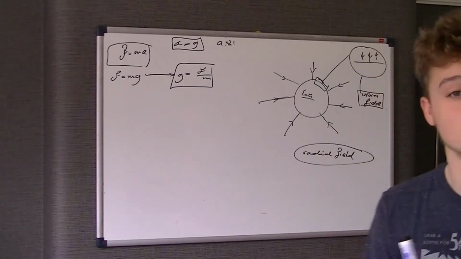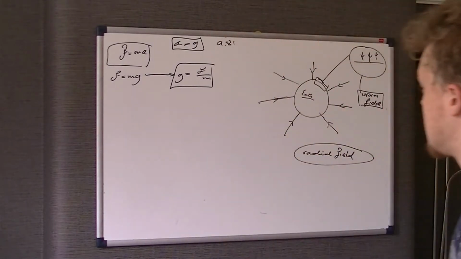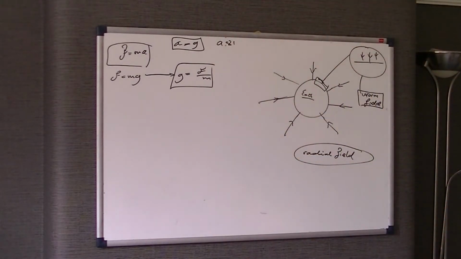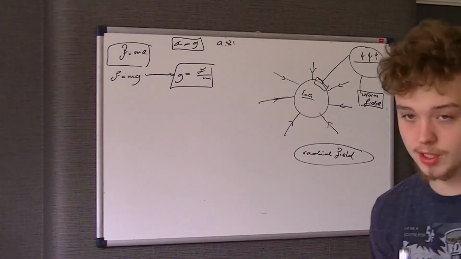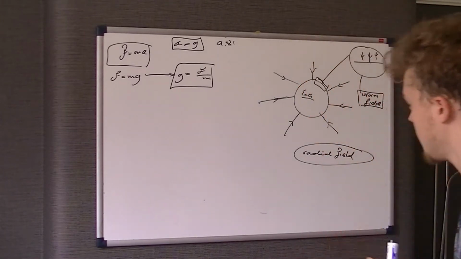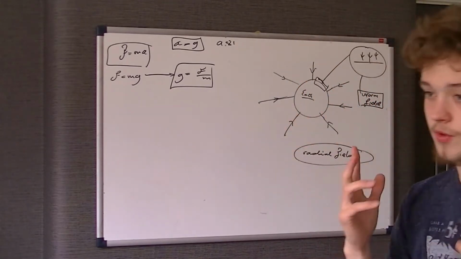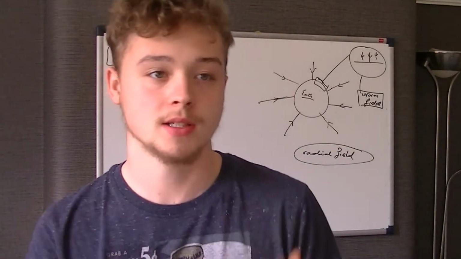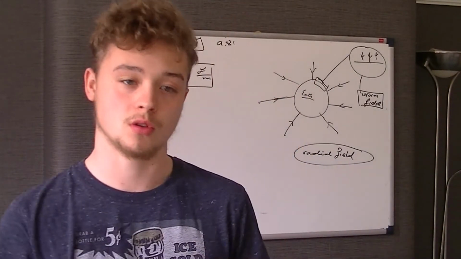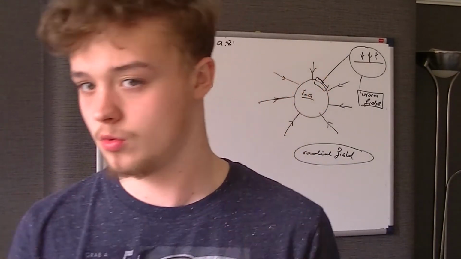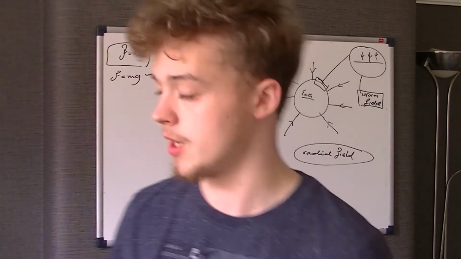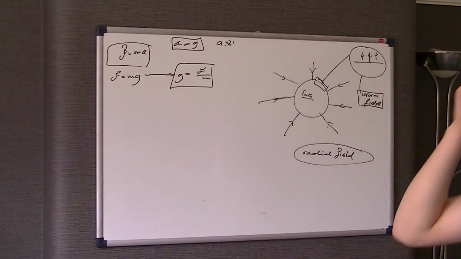One of the first things I want to introduce you to is the idea of uniform and radial fields. Radial fields have many field lines, because gravitational attraction is the attraction of a smaller mass to a large mass, or a small body to a large body. They mean the same thing.